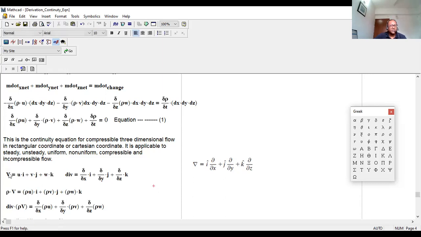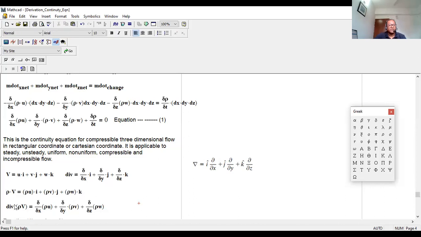First, we multiply V by ρ. ρ is not a vector, it just multiplies as a scalar. So it will be ρu i, ρv j, ρw k.